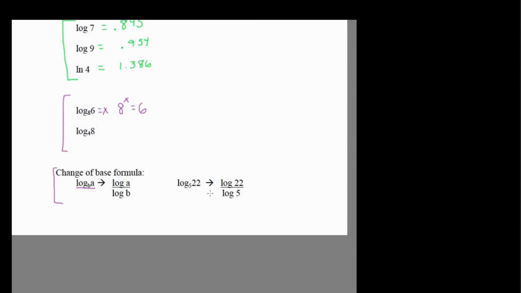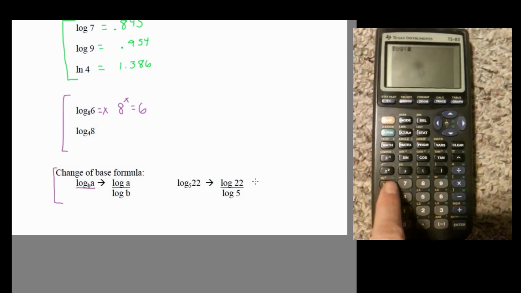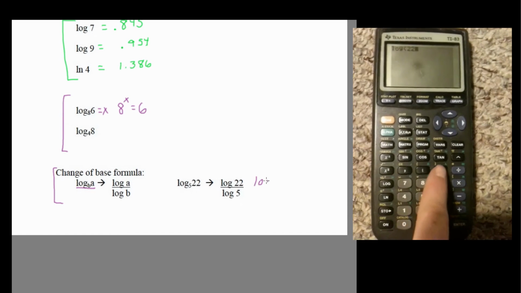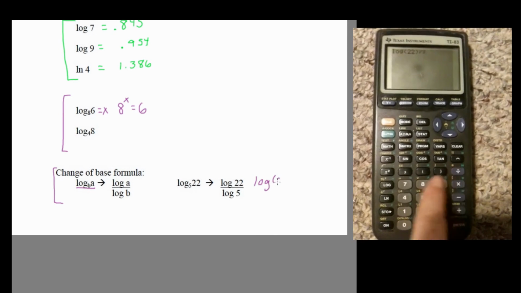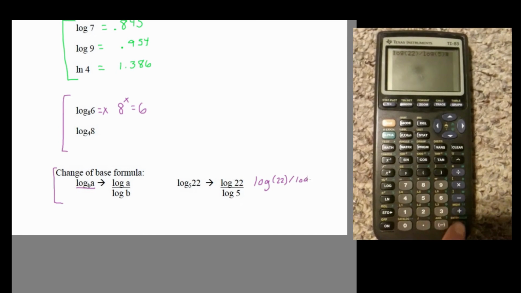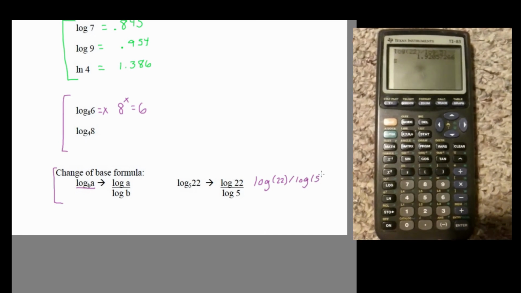Okay, so we're going to use this one as an example. Log base 5 of 22 is log base 10 of 22 over log base 10 of 5. We could actually use any base here. I'm choosing 10 because my calculator does it. There's a couple different ways to enter this into your calculator. The first one, you can just enter in log of 22, make sure you close your parentheses, divided by log of 5.